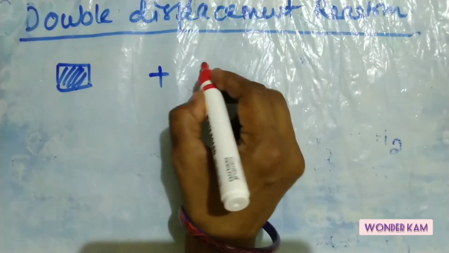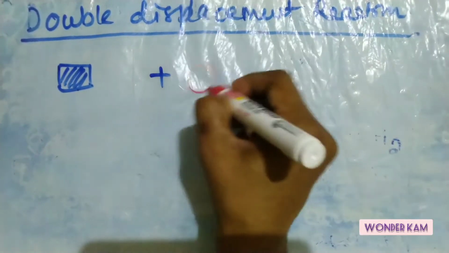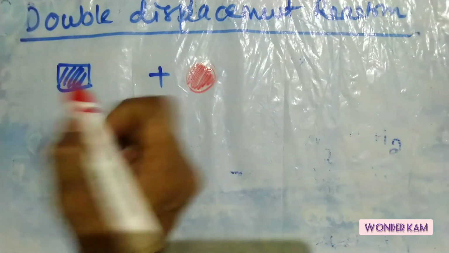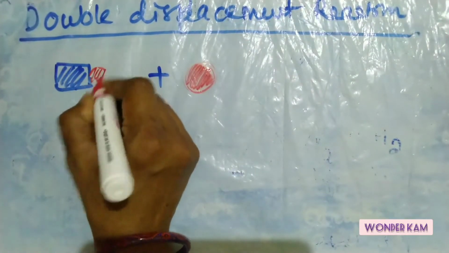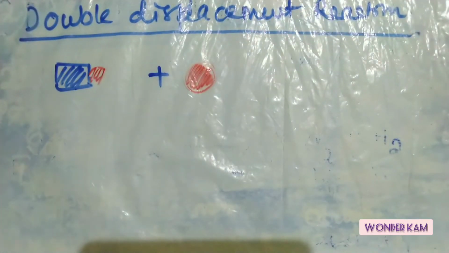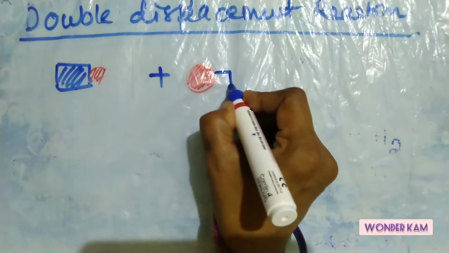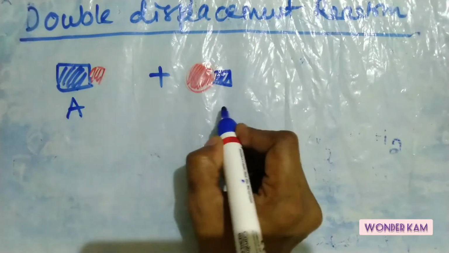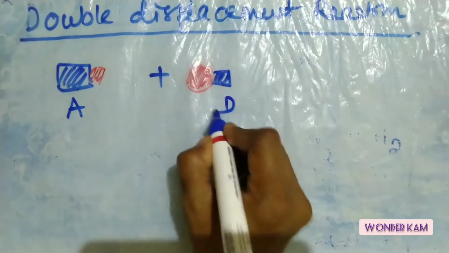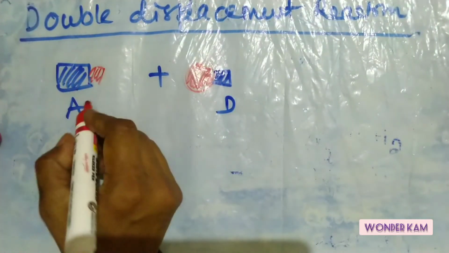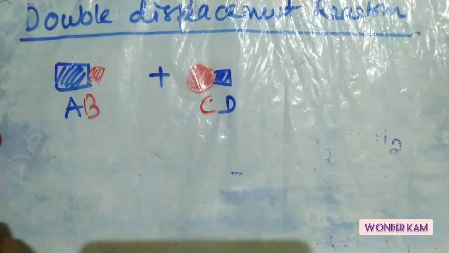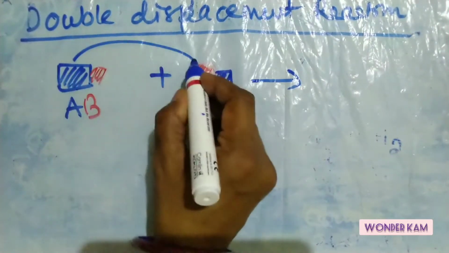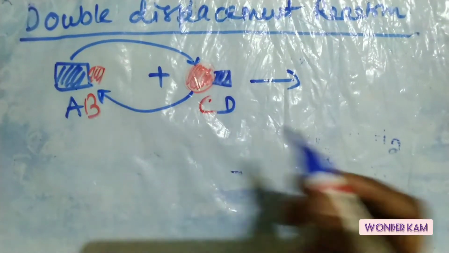Let me give you an example. Suppose this is AB and this is CD. Then what will happen? This displaces this, and this will come here.